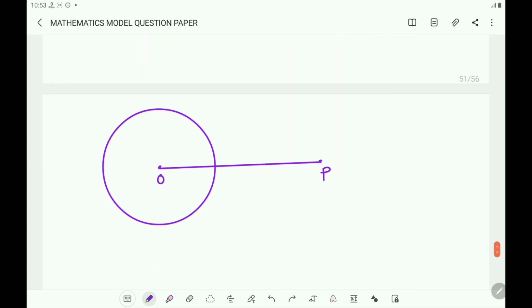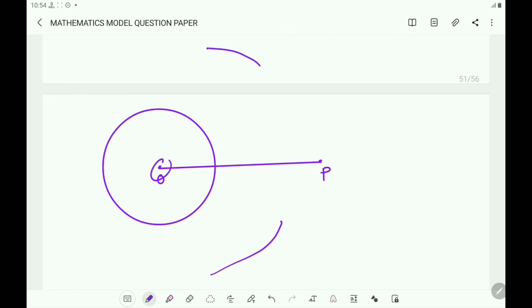Here, with OP as a diameter, you must draw a circle. So you draw a perpendicular bisector to OP to find the center of the second circle. How will you draw the perpendicular bisector? With O as center, with the help of the compass, take a radius more than half of OP and draw a curve above and below.